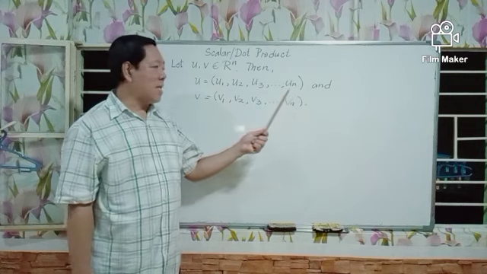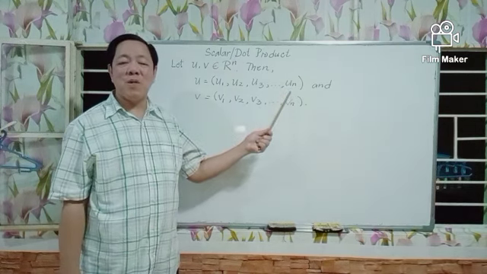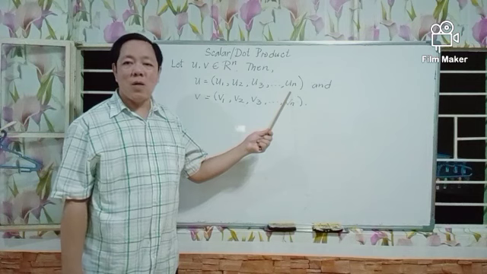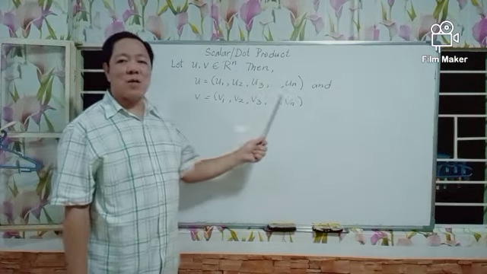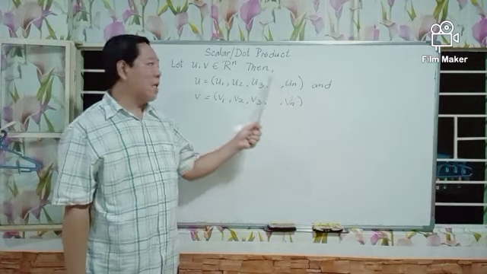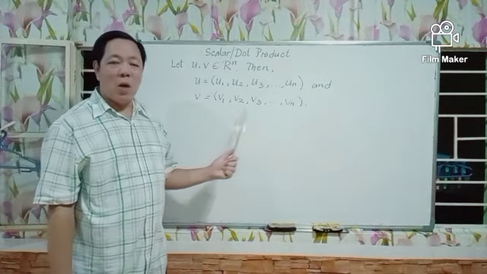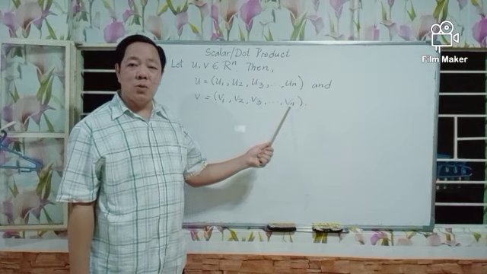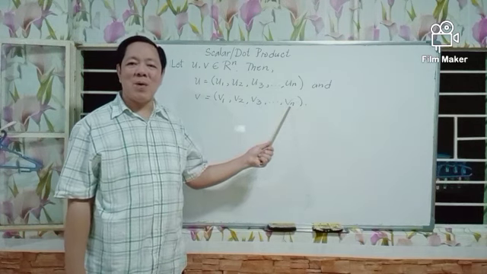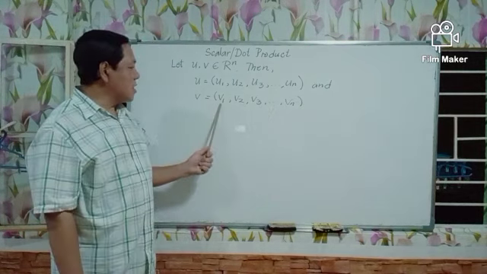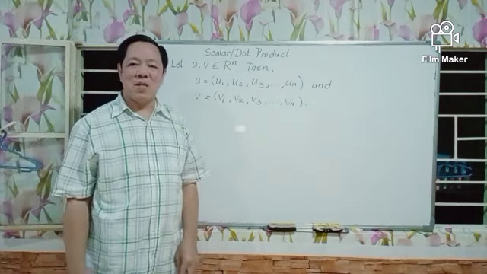So U is an n tuple of real numbers because U has n coordinates, and these coordinates of U, U1 up to Un, are real numbers. V is also an n tuple of real numbers because V has n coordinates, and these coordinates of V are real numbers.